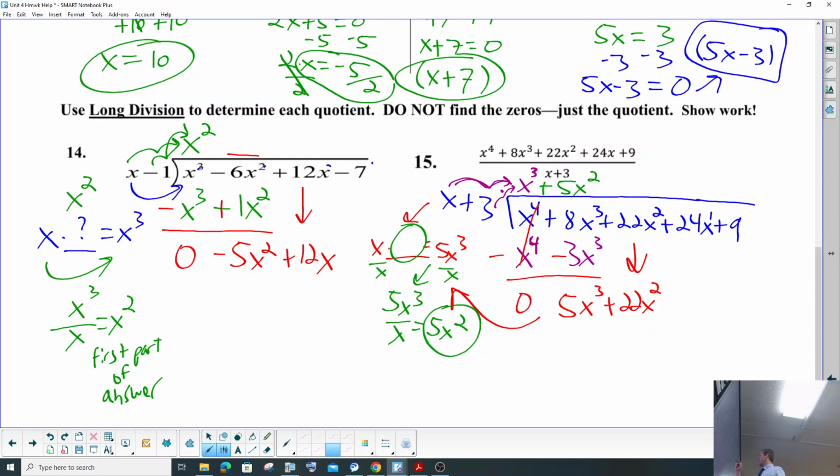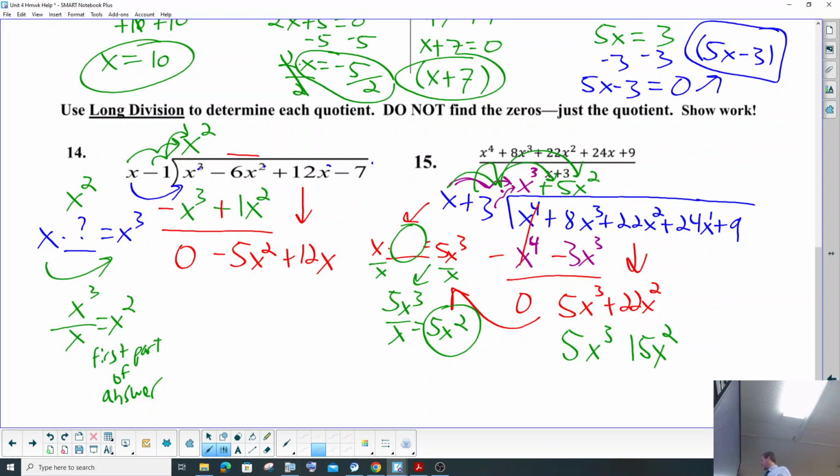So then x times 5x squared is 5x cubed. We wanted those to match up. And then 3 times 5x squared is 15x squared. 3 times 5 is 15. Yeah, change the signs.